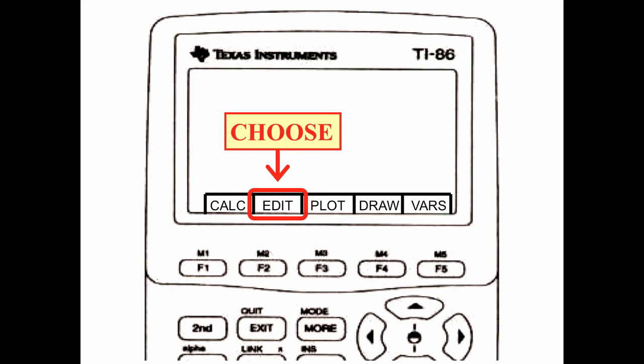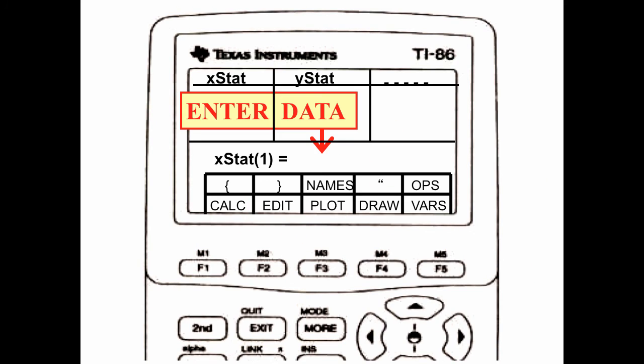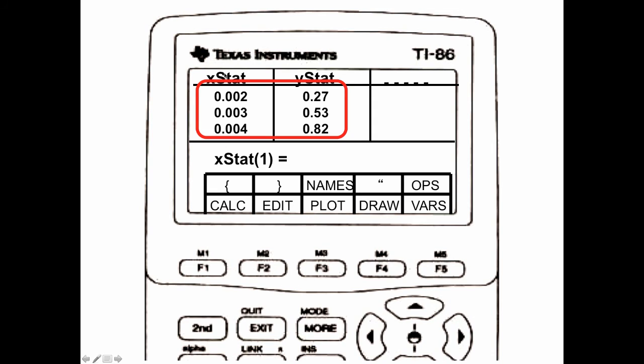You'll pick Edit, where you're going to be entering some data points. In the 85 and 86, it's the XStat and YStat lists you want. In an 83 or 84, or the calculators most of you probably have now, it's probably going to be lists L1 and L2. You'll enter your data, and typically list L1, the one to the left, will be your X data, and the one to the right, L2, will be your Y data.